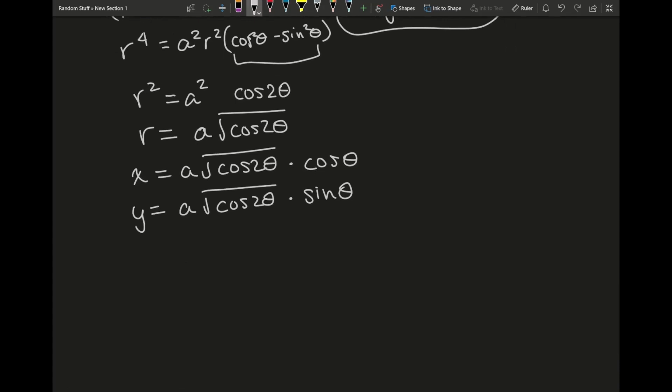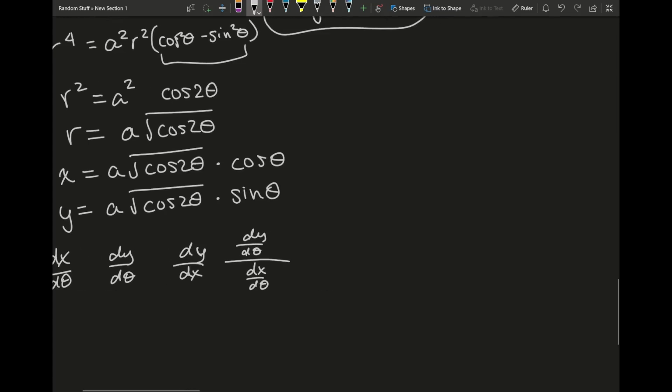If we differentiate both sides, we get dx over d theta and dy over d theta, and to get dy over dx, you just divide those two. But we're setting this equal to 0 to find the turning points, so that means that dy d theta has to equal 0, and we don't really care about dx d theta in this case.